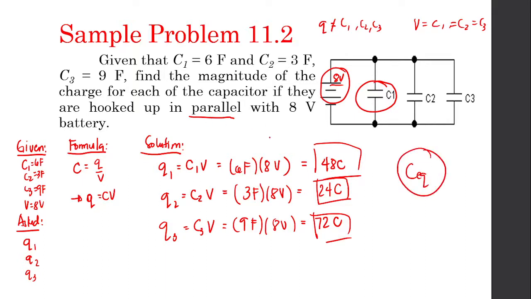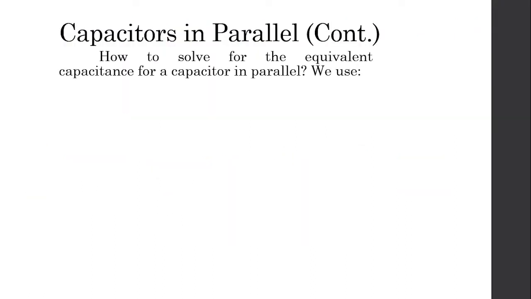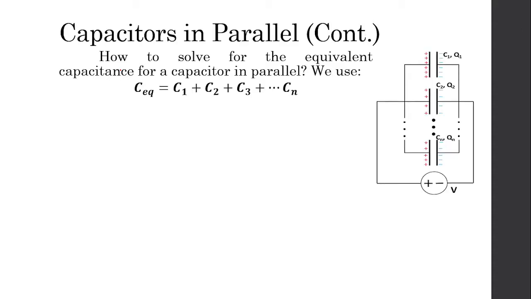The answer is yes, but the equation is a little different. To solve for the equivalent capacitance of capacitors in parallel, we use this equation. The equivalent capacitance is the sum of all the capacitances of your capacitors. So CEQ equals C1 plus C2 plus C3, or however many capacitors you have. And that actually makes sense.